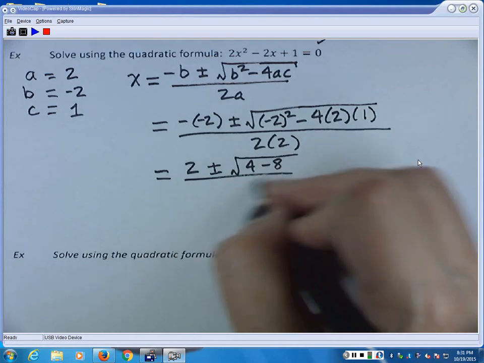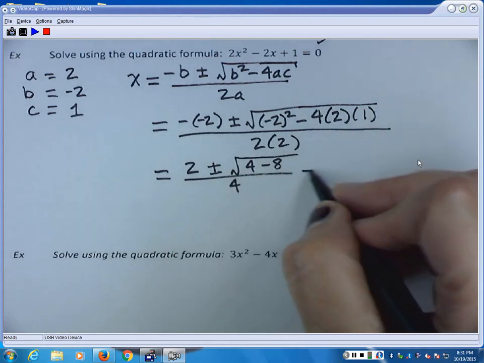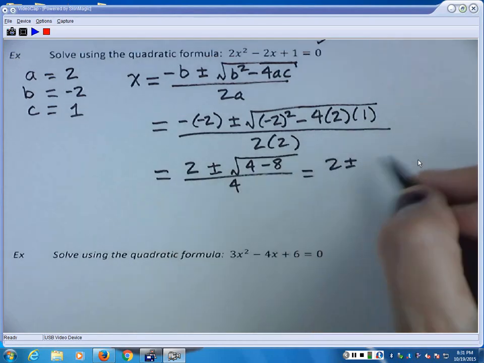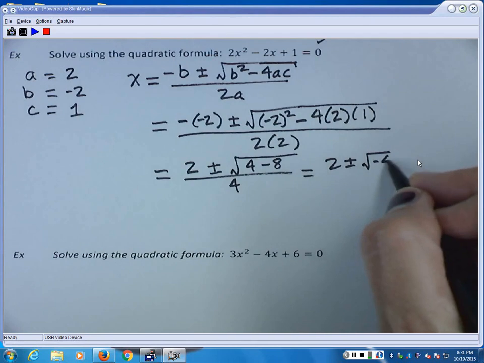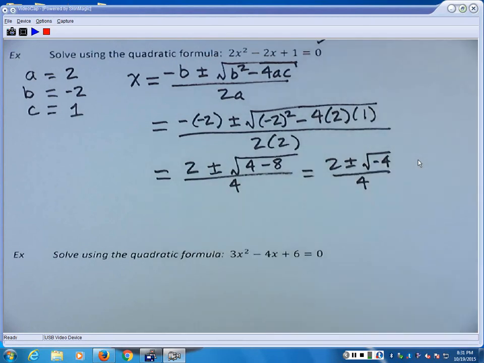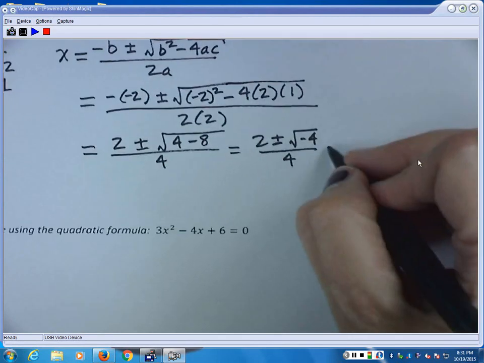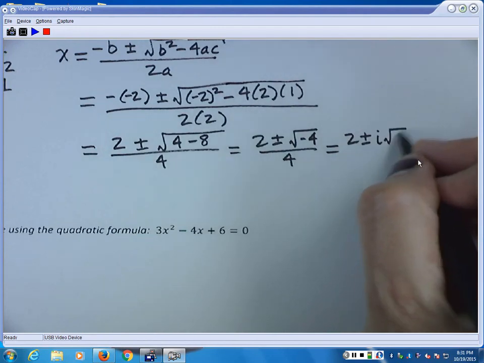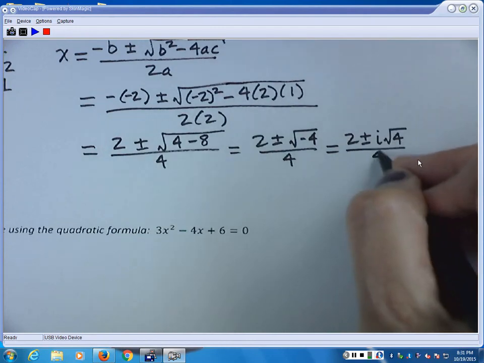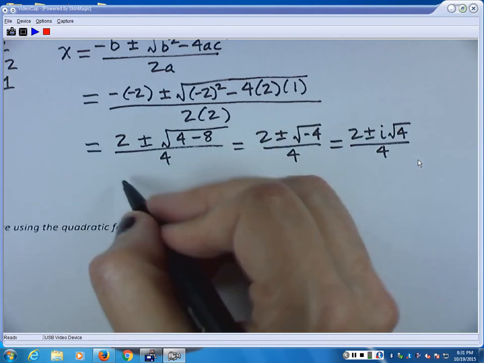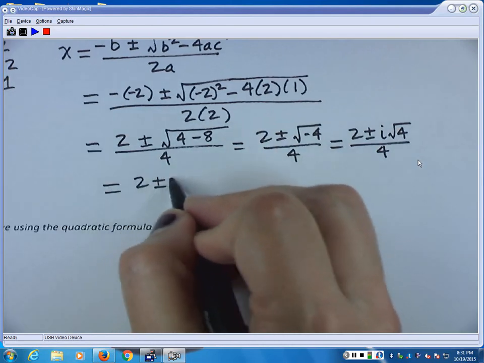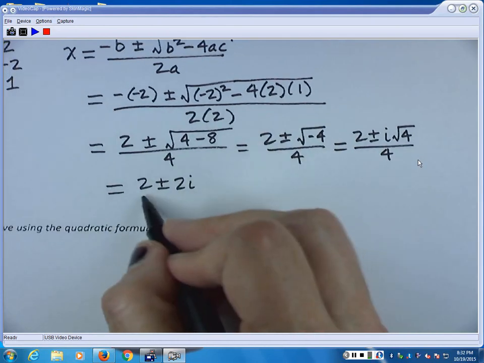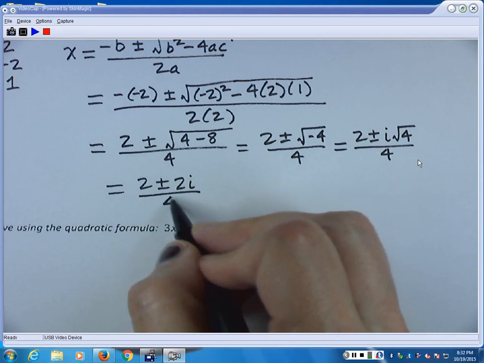And all that's divided by 4, which is 2 plus or minus square root of -4 over 4. And that is 2 plus or minus i square root of 4. Okay, so it's 2 plus or minus 2i over 4.